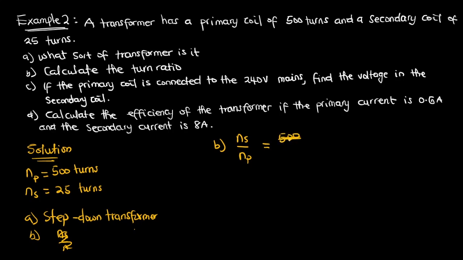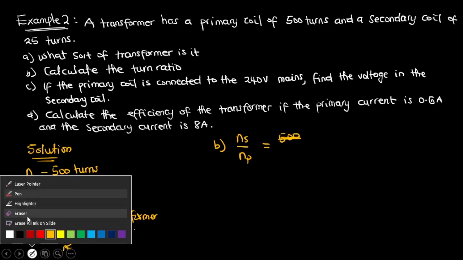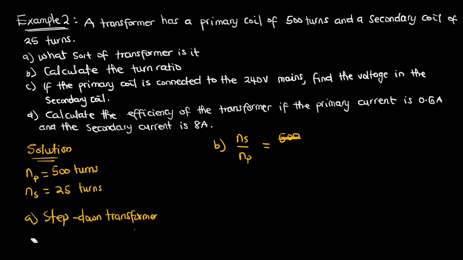Sorry, NS is 25. So let me clear that. So our NS is 25, our NP is 500.